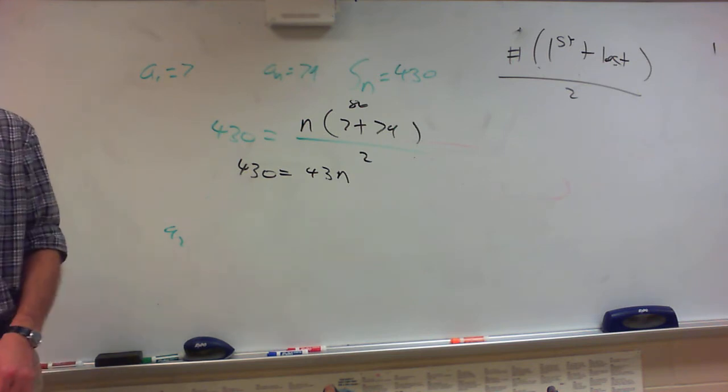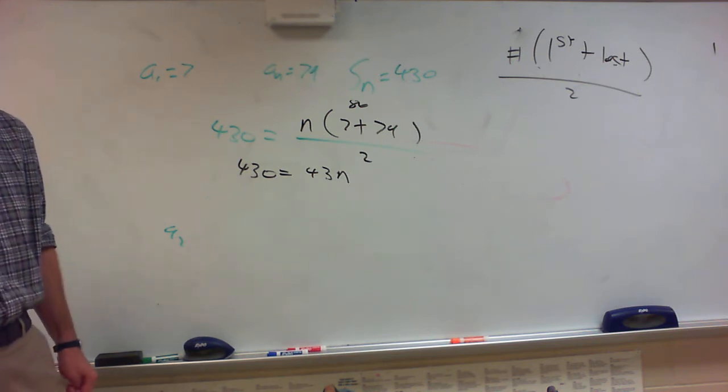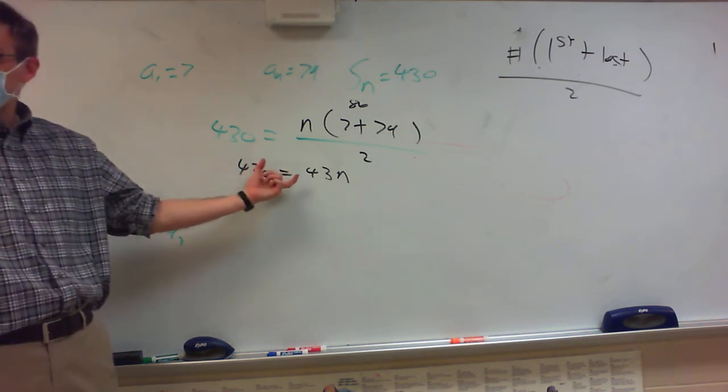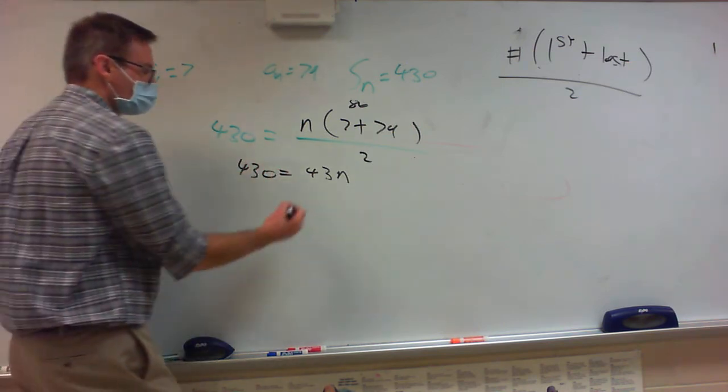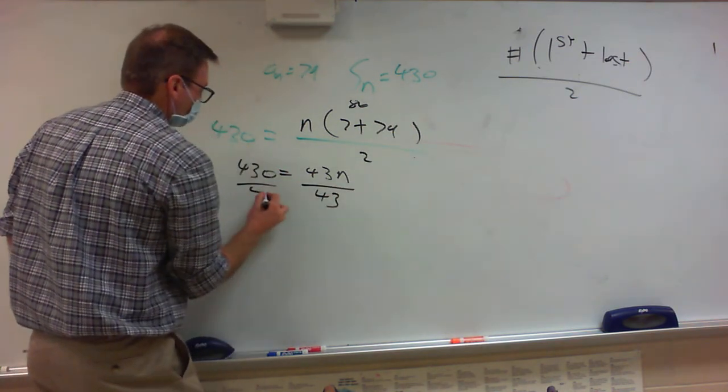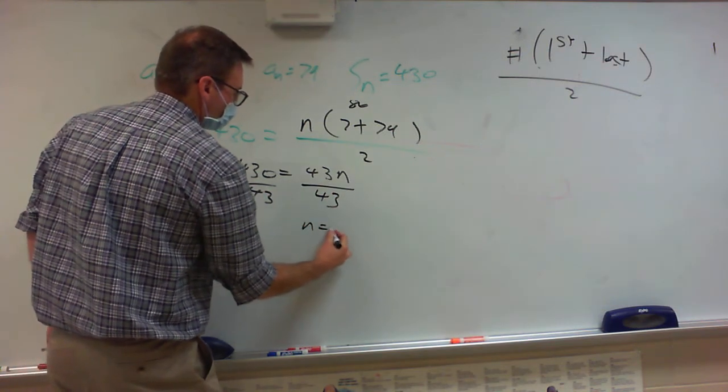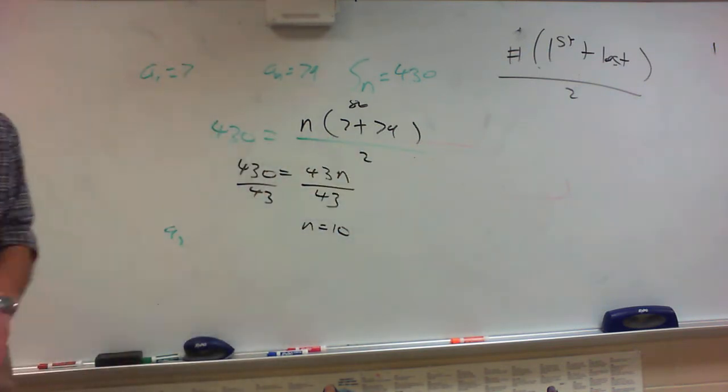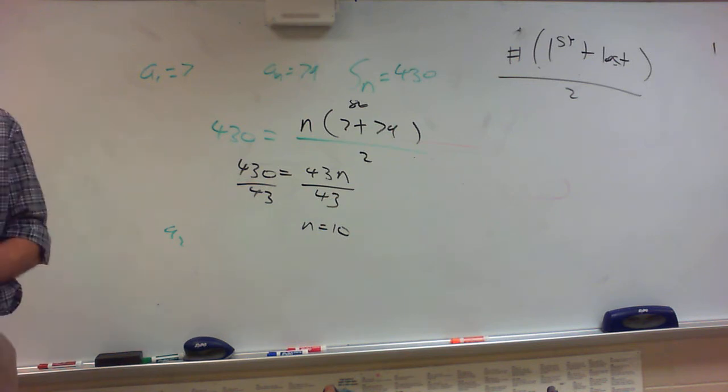So how many terms do we have? So I end up with n is equal to 10. Great, I know it's 10 terms. Well, if I know it's 10 terms, how does that help me? How does that help me figure out what my common difference is?